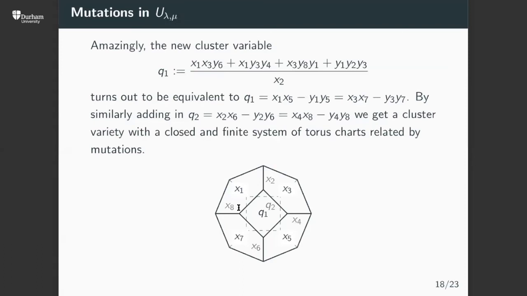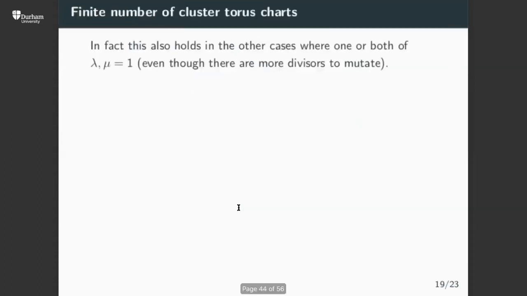And so this also holds in the other cases where I have some degenerate behavior. So if one of those variables was allowed to become 1, then the centers in which I blow up start to degenerate, and then I can actually blow up in more than 3 different ways.